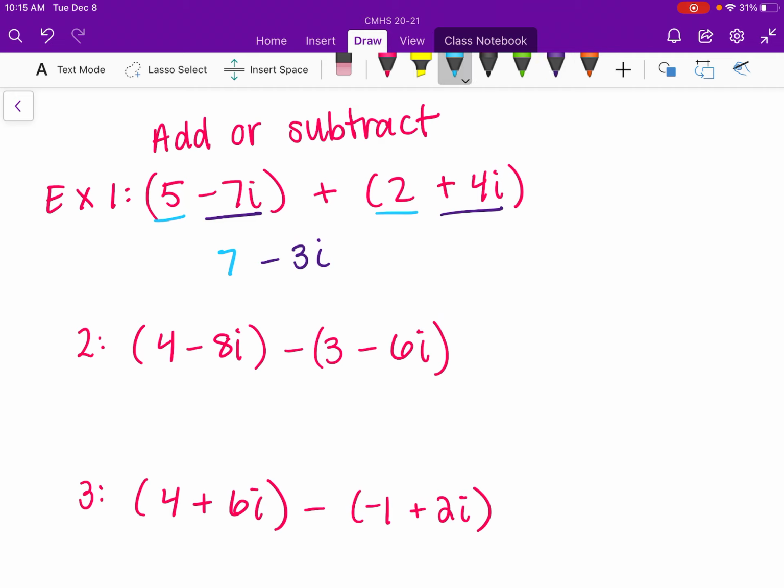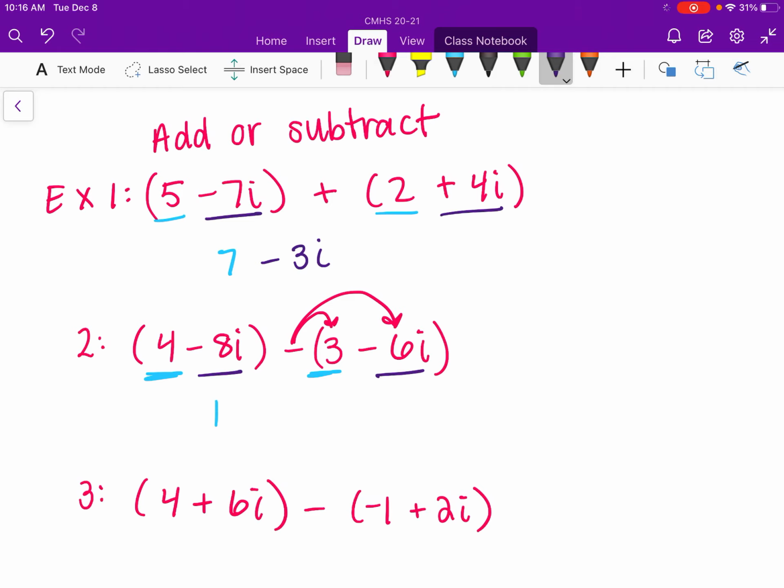So let's do example 2. So this one and this one go together, and the two imaginaries go together. This one's a little tricky because it has a negative in between. So remember, you kind of have to distribute it a little bit. You're subtracting. So in the blue, we'll have 4 minus 3, which is 1.